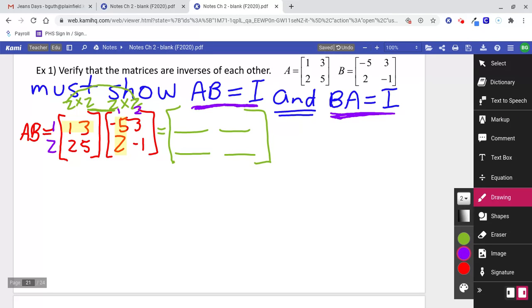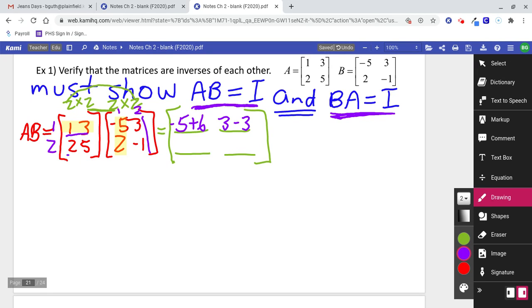So you zip up the numbers, that's what I say anyway. Multiply the first ones, 1 times -5 is -5. And multiply the second ones, 3 times 2 is 6. So you're going to have -5 plus 6. We're going to do that for each row times each column. So now I'm going to do the first row times the second column. That's going to be 1 times 3 is 3, and 3 times -1 is -3.